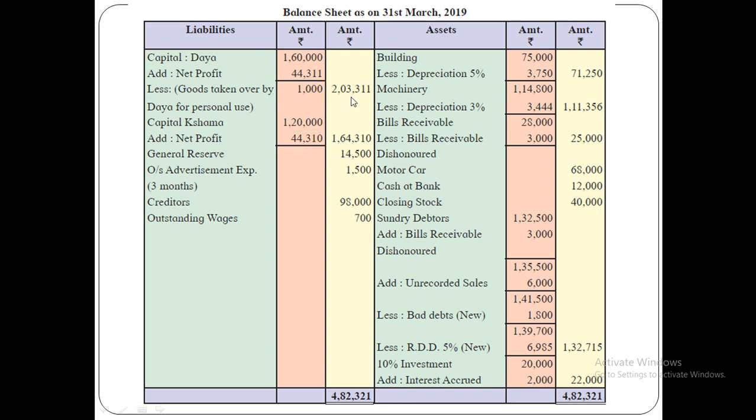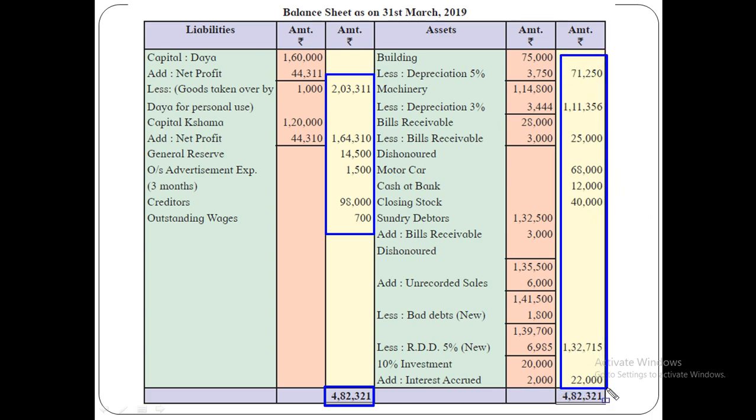So the total of all these items is 4,82,321, and definitely this should tally with this figure on the asset side, and it should be 4,82,321. So yeah, we finished with the first problem.